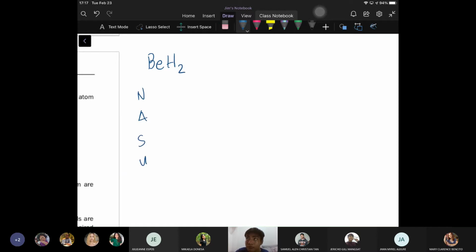Suppose beryllium, will it follow the octet rule? Pwede, no? So sige, gawin nating 8. About hydrogen, dalawa lang talaga yan. So 8 plus 2 times 2 is 4, so that will be 8 plus 4 is 12.